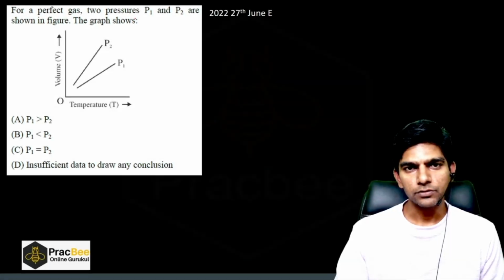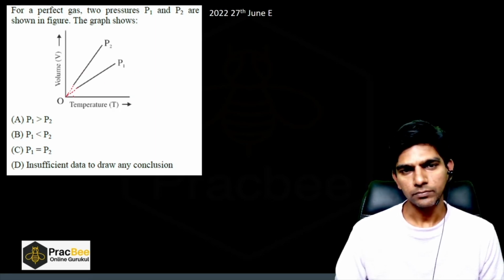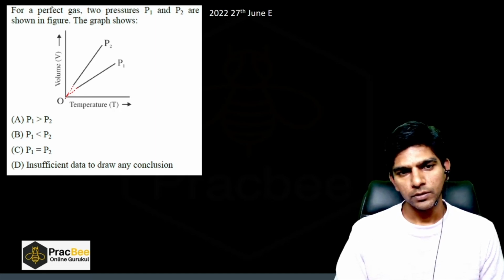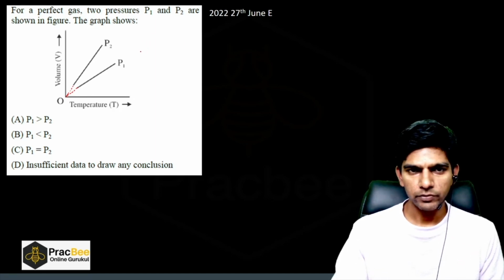For a perfect gas, two pressures P1 and P2 are shown in the graph in the figure. Both these graphs are passing through the origin. Basically, this is a question for isobaric process, but still we can cover this.